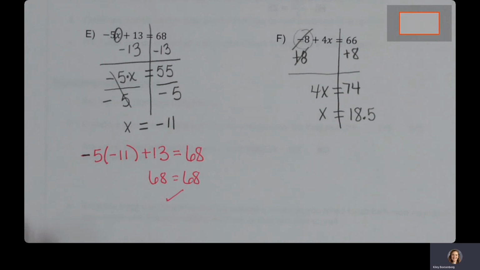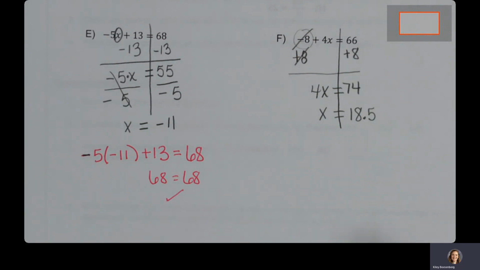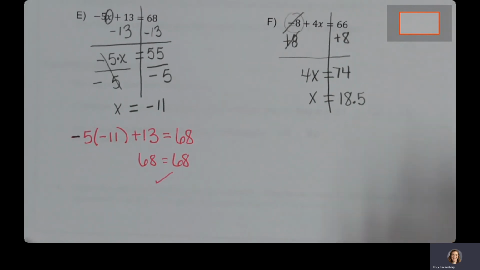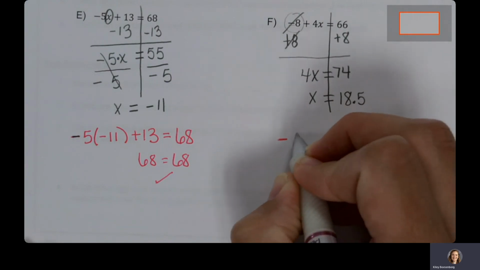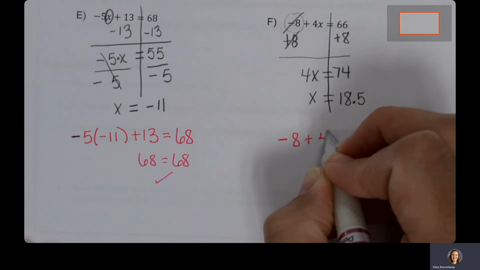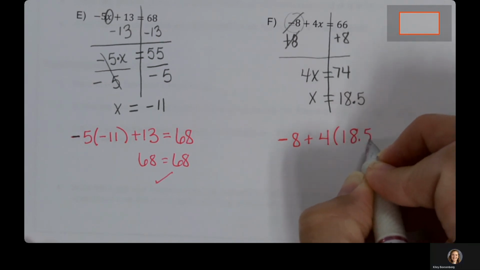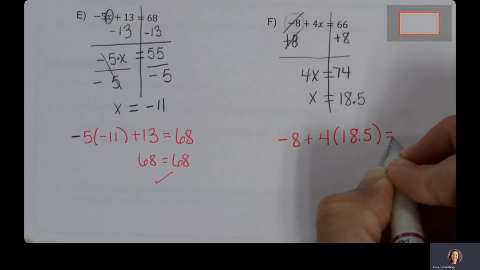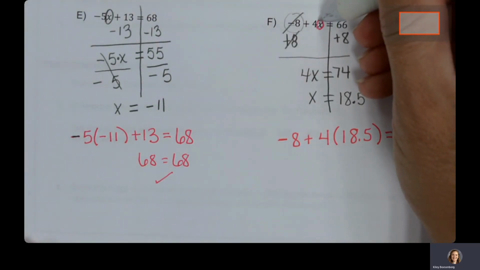Okay. We're going to just check and see that that's right, because sometimes when you get decimals or when you get fractions, you're unsure, like, ooh, that's a decimal or that's a fraction. I'm not supposed to get fractions or decimals when I do math. Actually, it's okay, but you can always check to make sure that your answers are okay by plugging it back in. I'm going to put that 18.5 in next to my number 4.